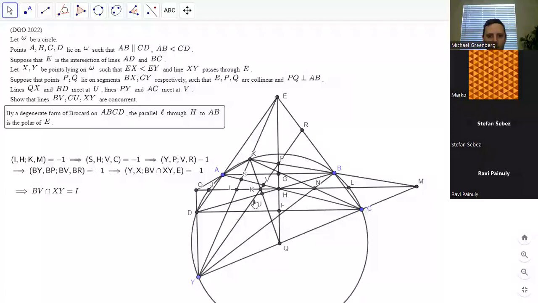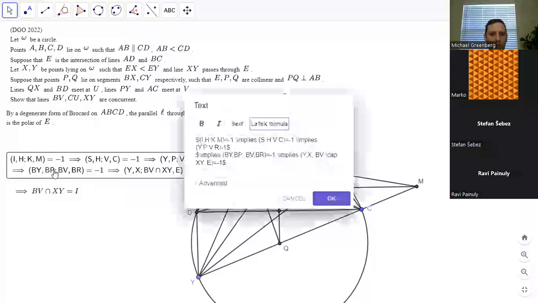So yeah, did we need K? I don't think we need K for this proof. Oh yeah, because we have this as harmonic, so we do need K. Okay. All right.